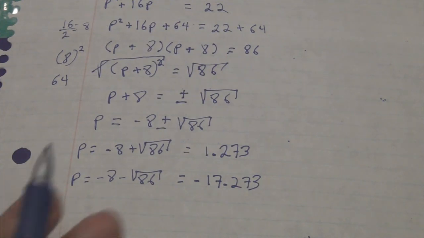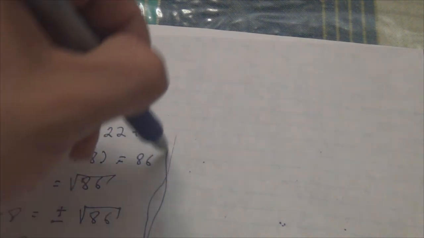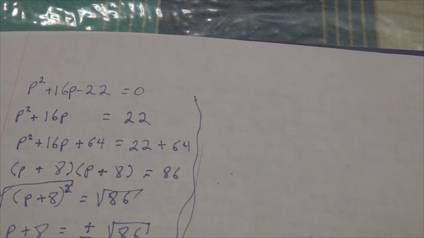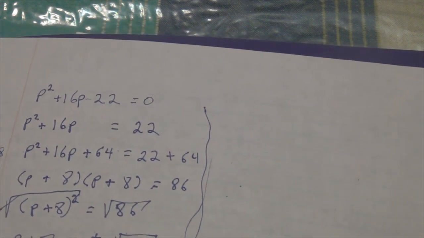Let's do another one. In this case, I'm going to use the other half of the paper because I'm running out of paper. Let's do one that is also not so friendly.